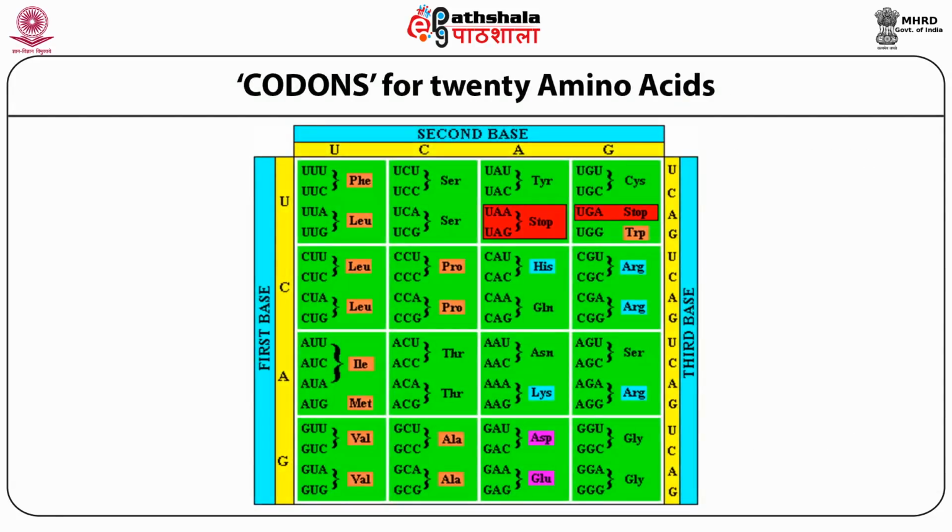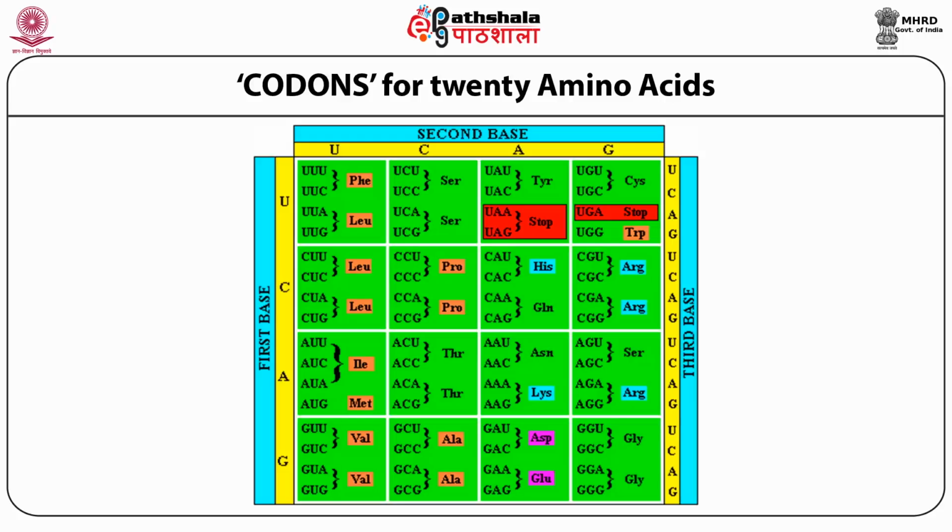We show in this slide codons for 20 amino acids. UUU, UUC both code phenylalanine, whereas UUA, UUG both code leucine. CUU, CUC also code leucine.